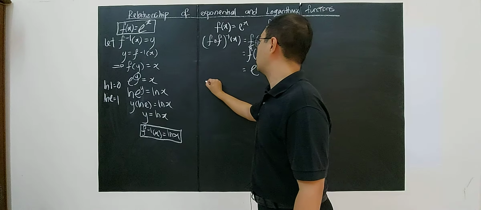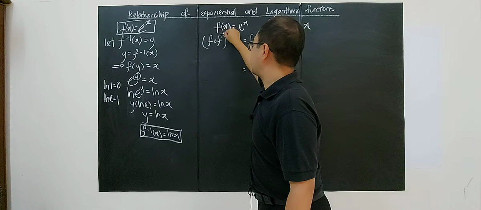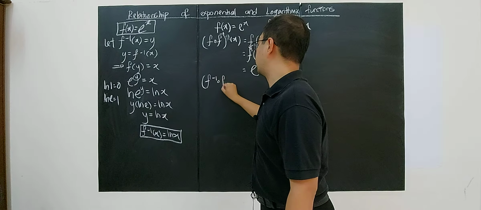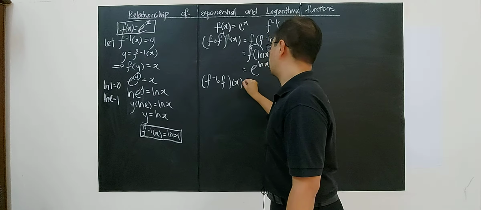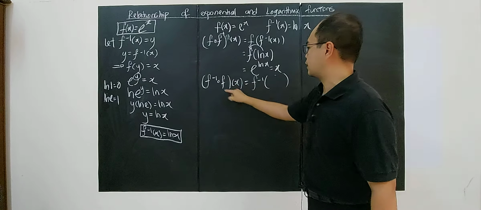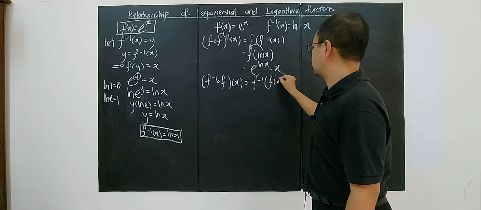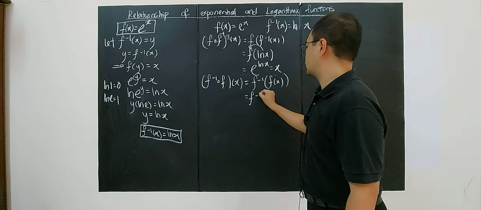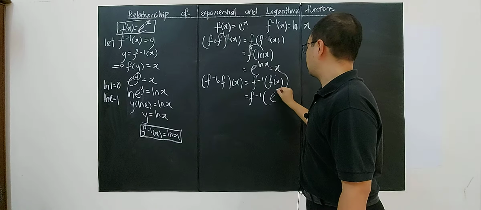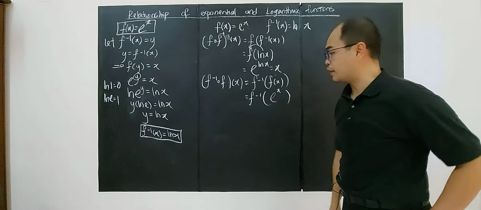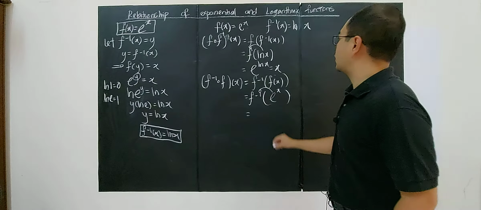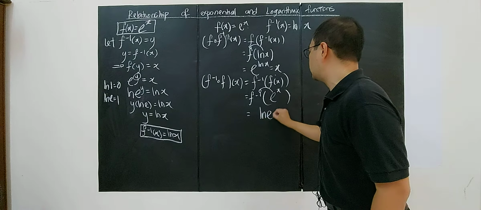It's the same thing also if you have f inverse of f(x) here. So you find f inverse and your f(x). f(x) will be e to the power of x, right? So you put this into the inverse of f. So f inverse here will be ln e to the power of x, right?